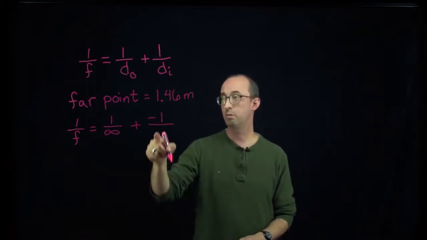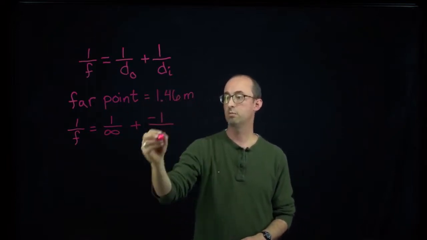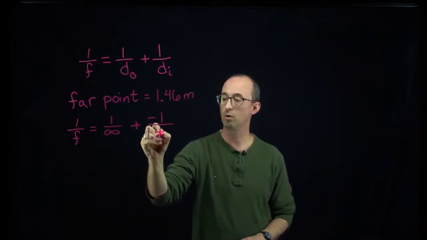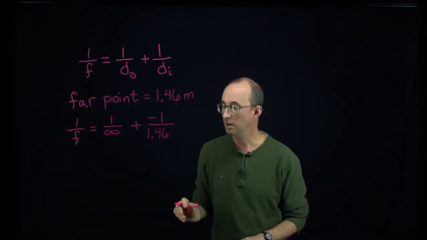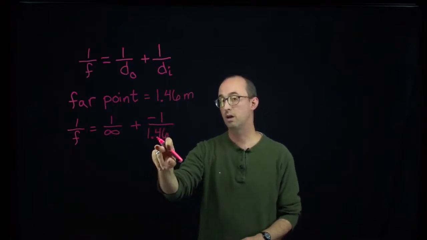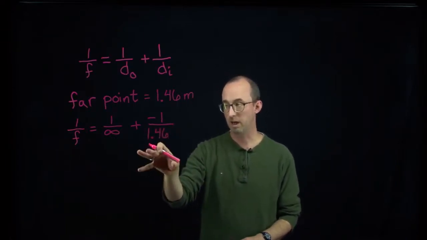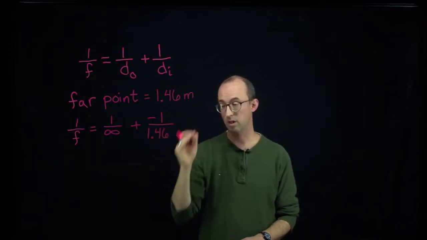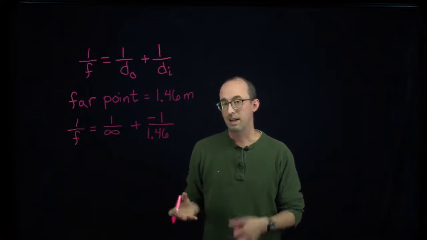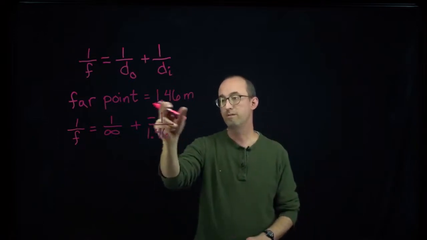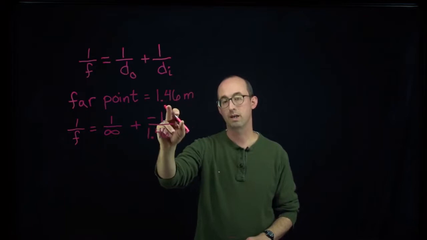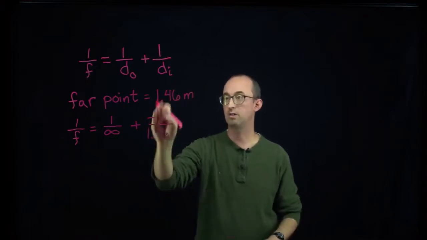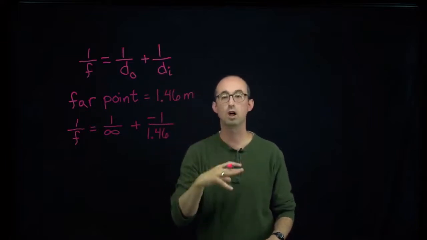And you might be tempted to put in for the image distance, well, we want it to appear 1.46 meters away, so you might be tempted to just put down 1.46. This would be correct if we were talking about contact lenses. But we're talking about glasses, I should say. Glasses don't sit on the eye. This 1.46 meters is how far from the eye. If we were talking about contact lenses, it would be the correct answer because the contact lens is right on the eye.